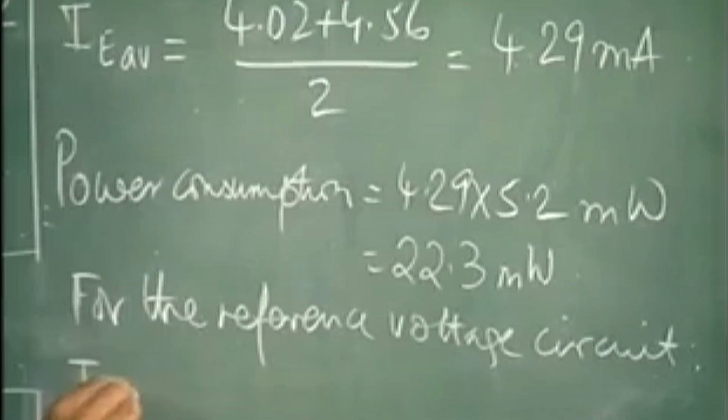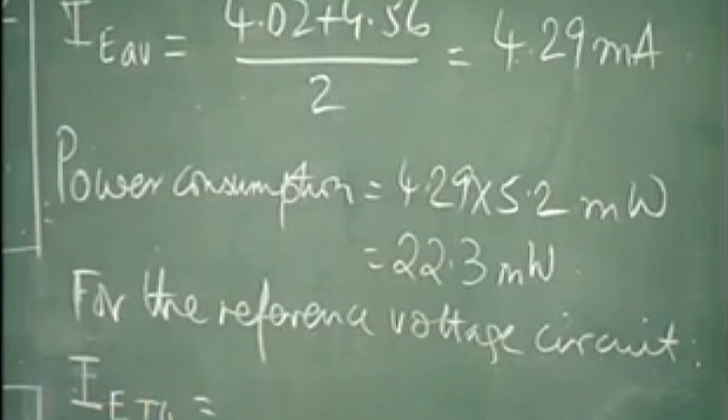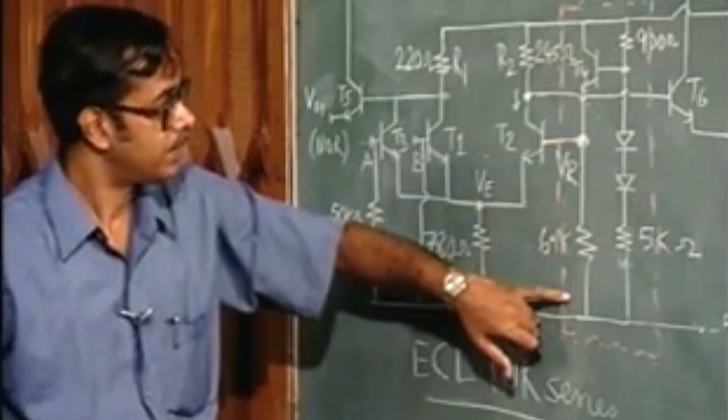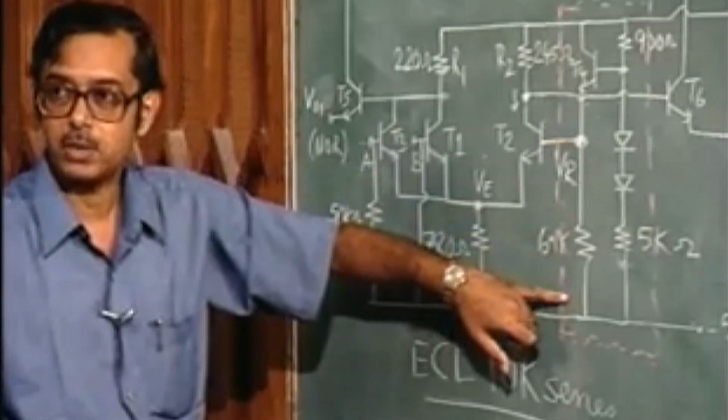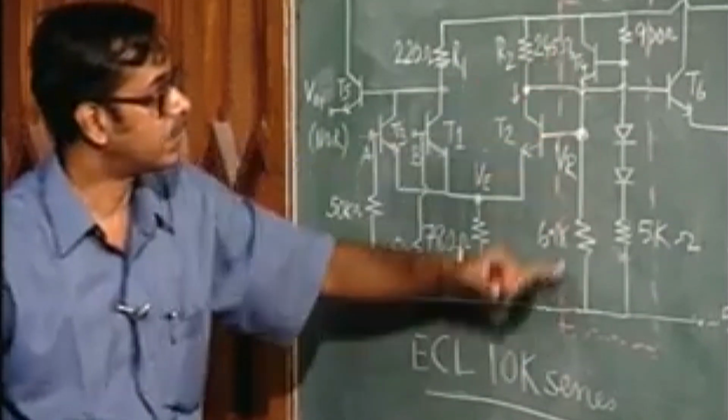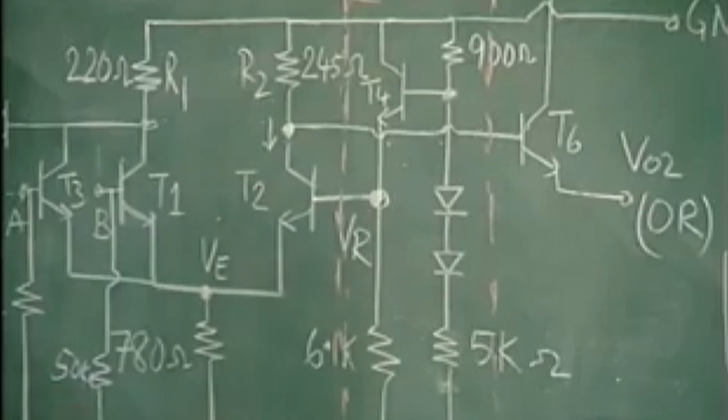I should say I_T4, the reference voltage divided by 6.1 K is going to be that current. That is the current which is flowing in through this branch.